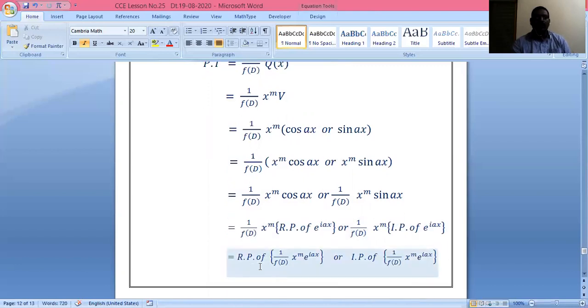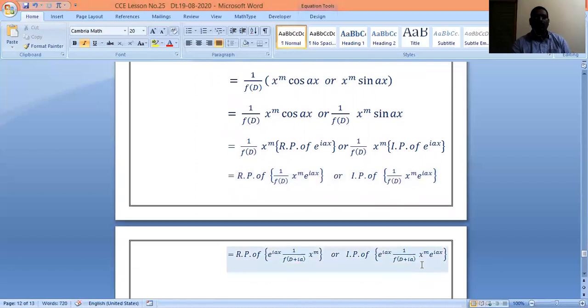Real part of 1 by f of D into x to the power of m into e power iax, or imaginary part of 1 by f of D into x to the power of m into e power iax.